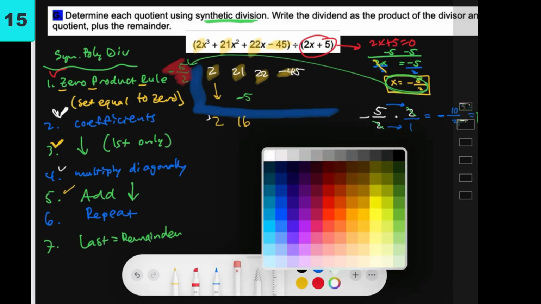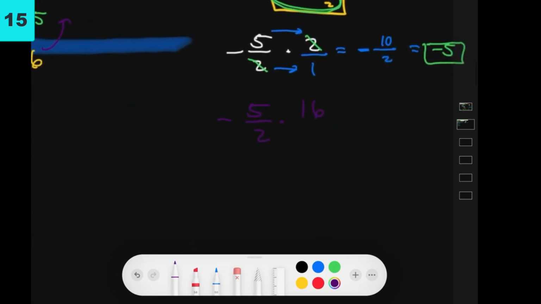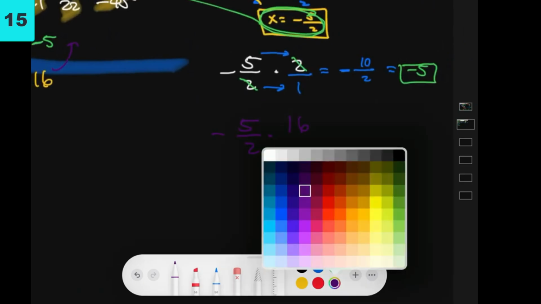And now I'm going to go ahead and multiply diagonally. I'm going to multiply. Whoa, whoa, whoa. Don't do that. Okay, we're going to multiply here, and this will give us this number. So negative 5 halves times 16. Let's do the same thing we did in the original problem here.